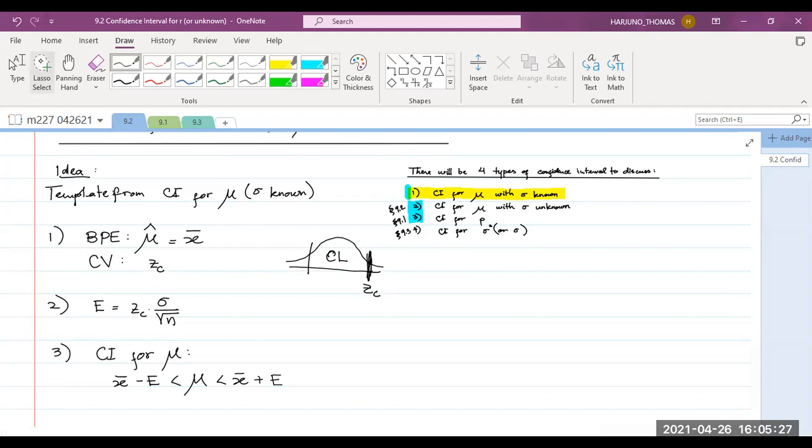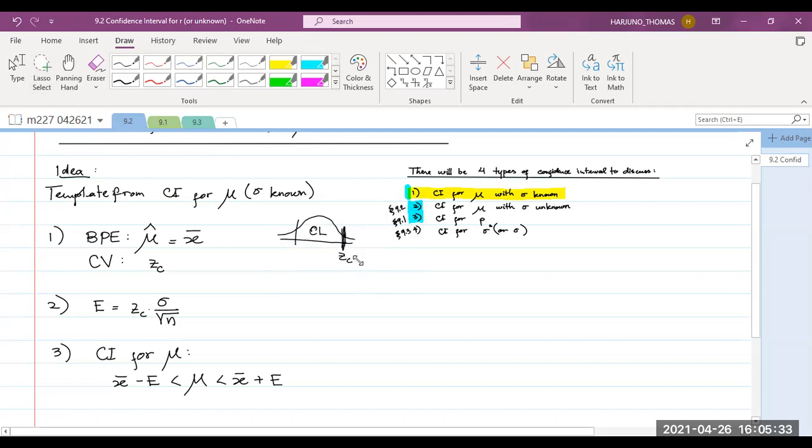Okay, now the thing is, what if we have confidence interval for mu, but the sigma is unknown? Then we will have most of them the same except for step 1b.